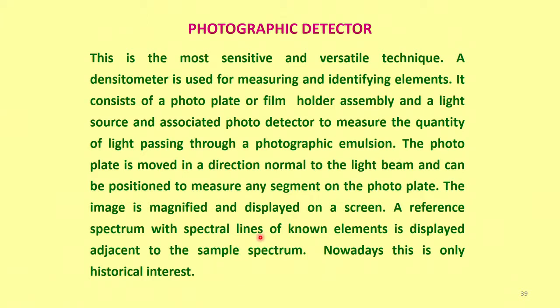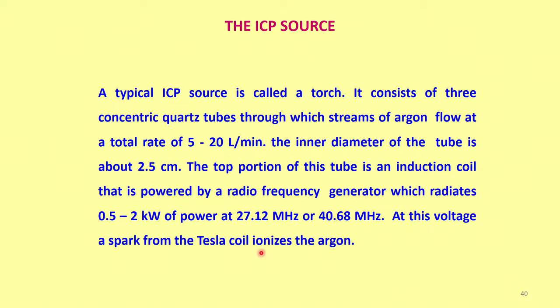So, the uncertainties are taken care of by the computer, and then a reference spectrum with spectral lines of known elements is also incorporated adjacent to the sample spectrum, so that the measurements are made relative to the known concentration of the standard. Nowadays, this is only of historical interest because there are other ways of doing the job.